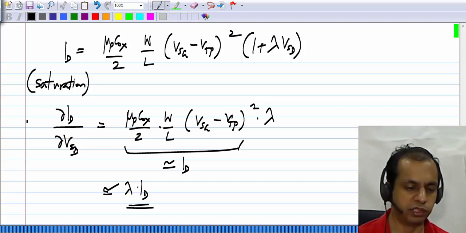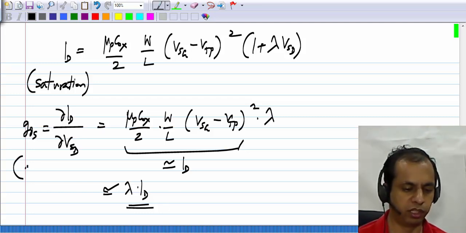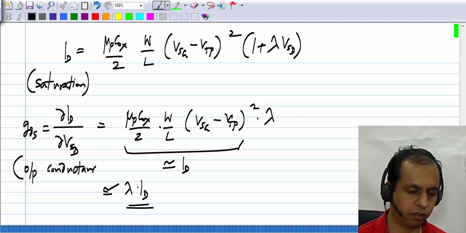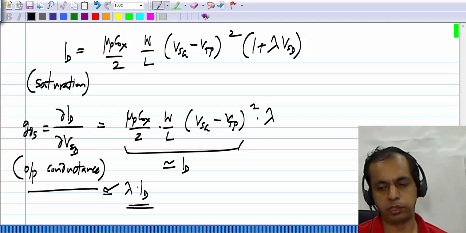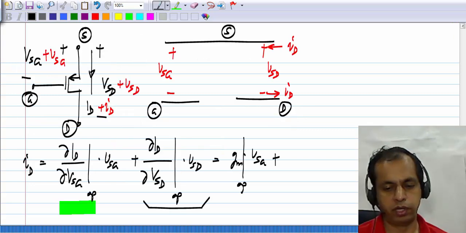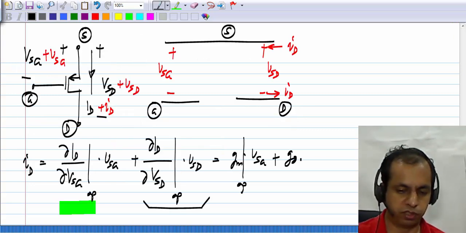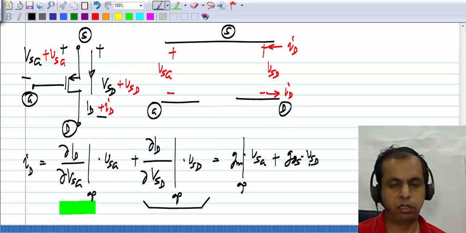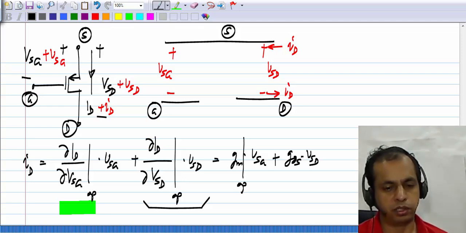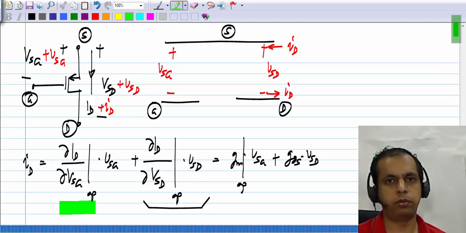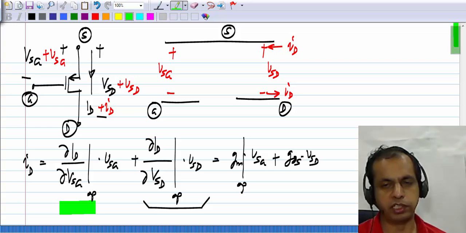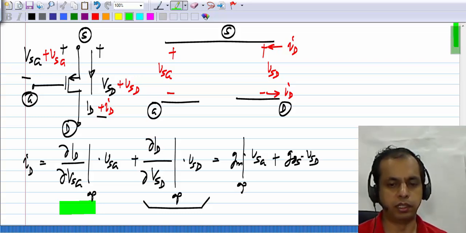I know what this is. This is the output conductance gds of the MOS transistor. So the expression comes out very similar to what we had in case of NMOS, except that instead of VGS and VDS we have VSG and VSD.